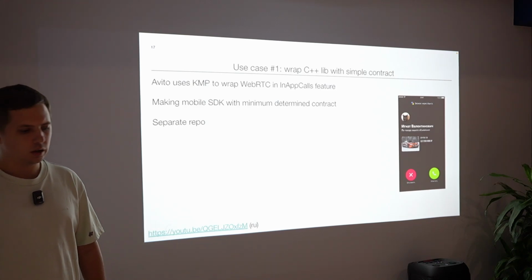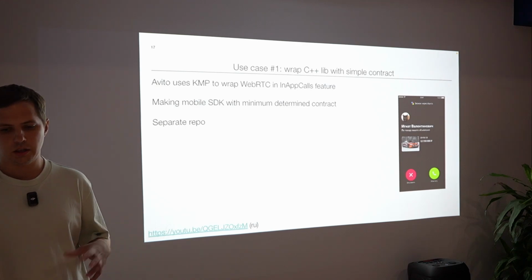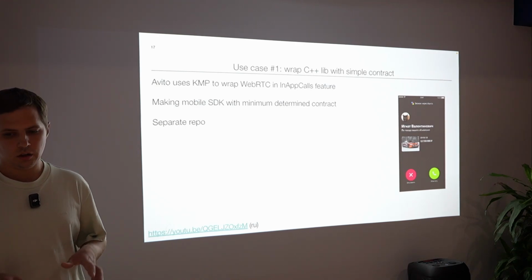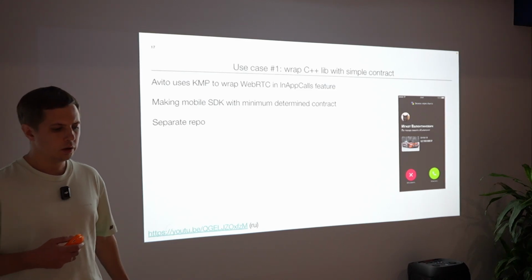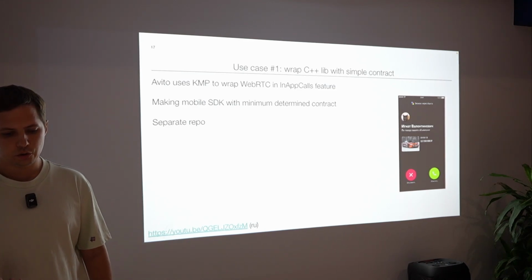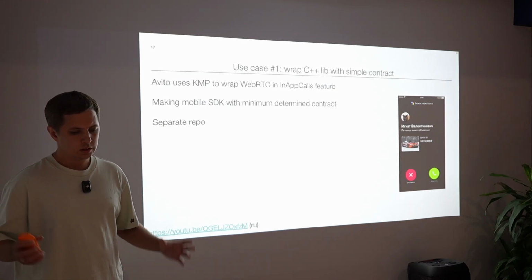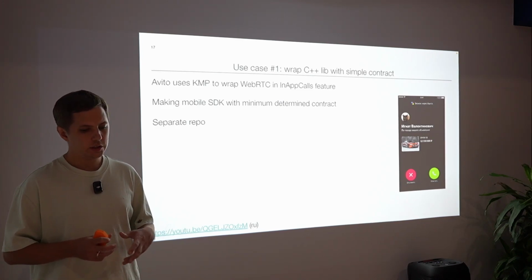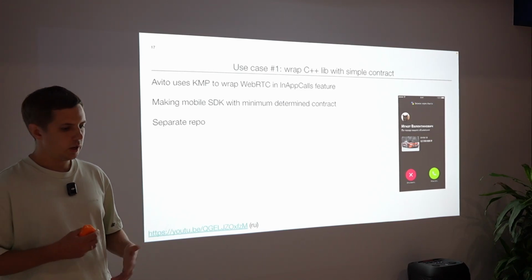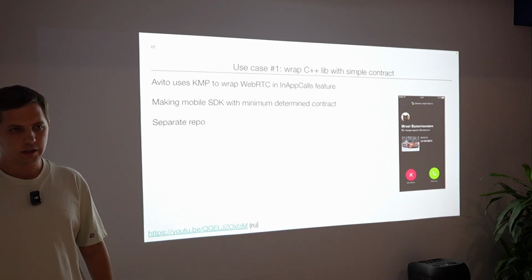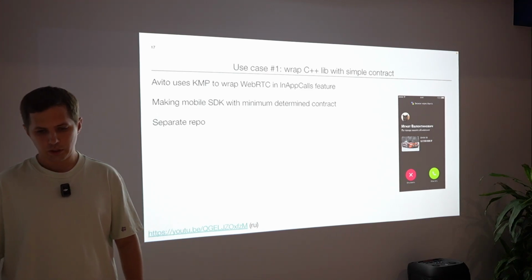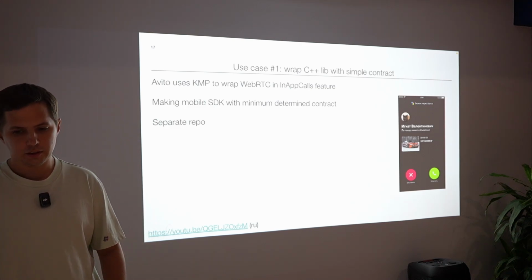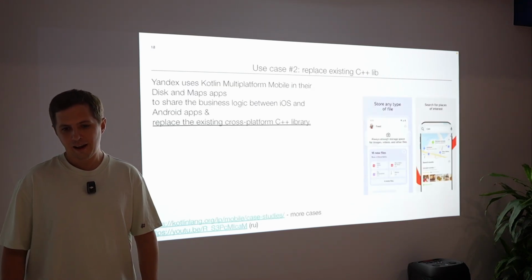So they made a mobile SDK where they wrote all the logic around WebRTC and gave a determined contract to the native application. This library, together with WebRTC, was included into native applications as another external SDK, and it also had a separate repository, which is important when you have 17 developers for a platform, for example.